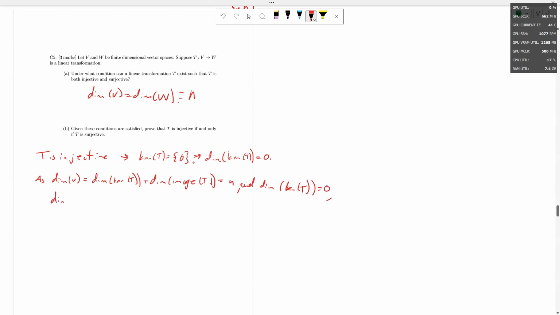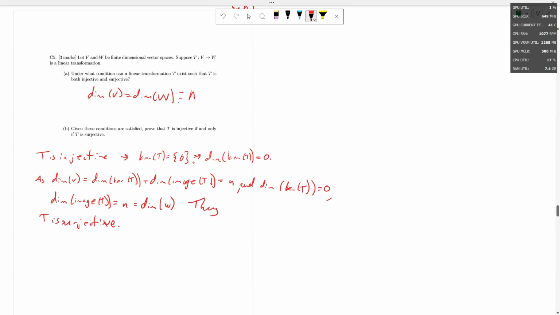The dimension of the image of T equals n, which equals the dimension of W. Thus, T is surjective.